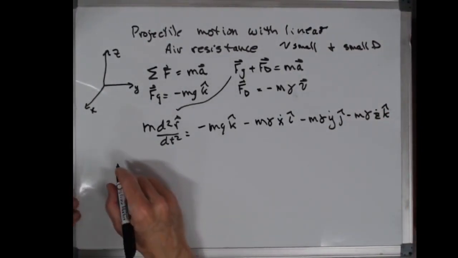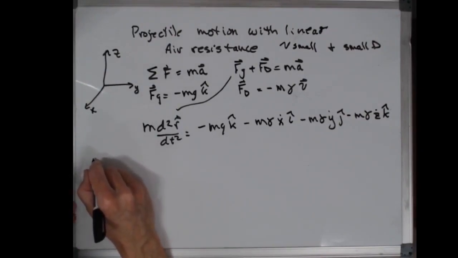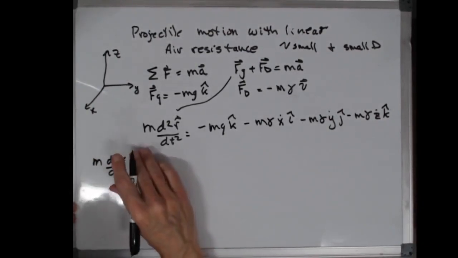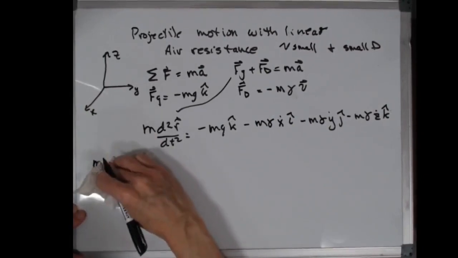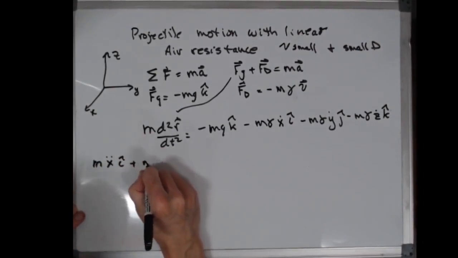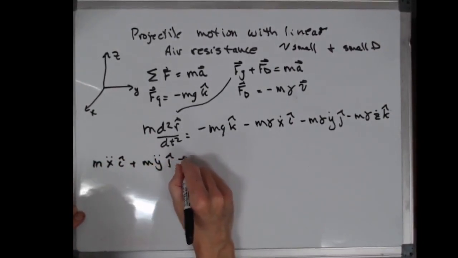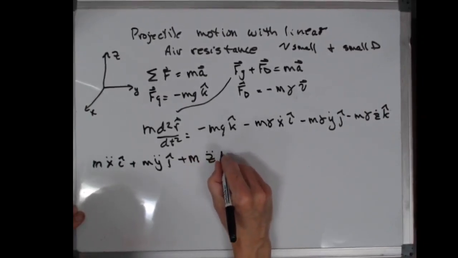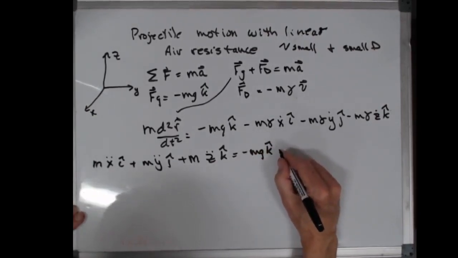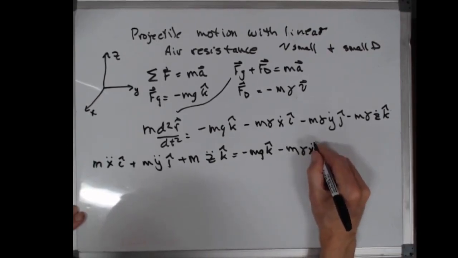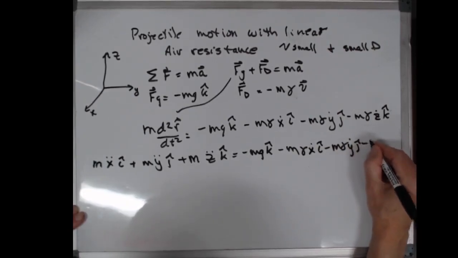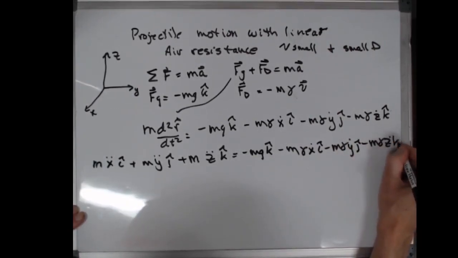And so the left-hand side of that becomes m d squared x dt squared, which maybe I'll just write as m x double dot i hat plus m y double dot j hat plus m z double dot k hat equals minus mg k hat minus m gamma x dot i hat minus m gamma y dot j hat minus m gamma z dot k hat.